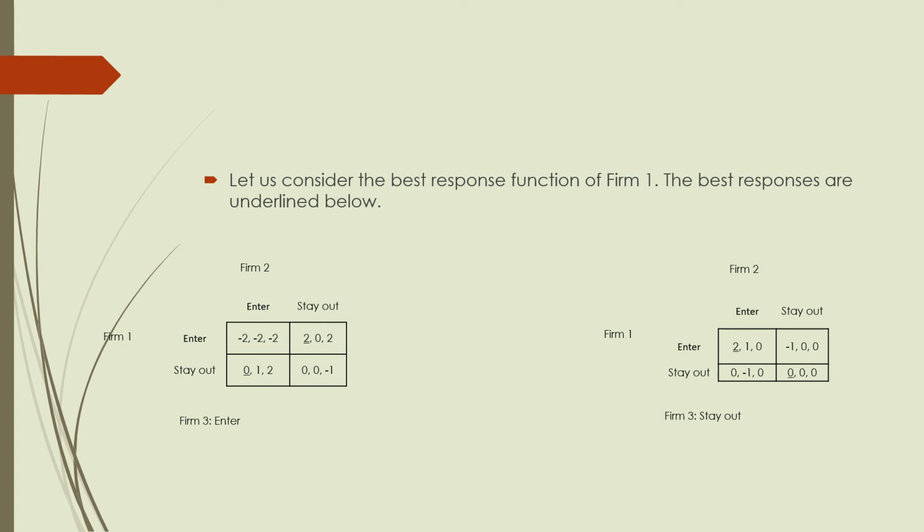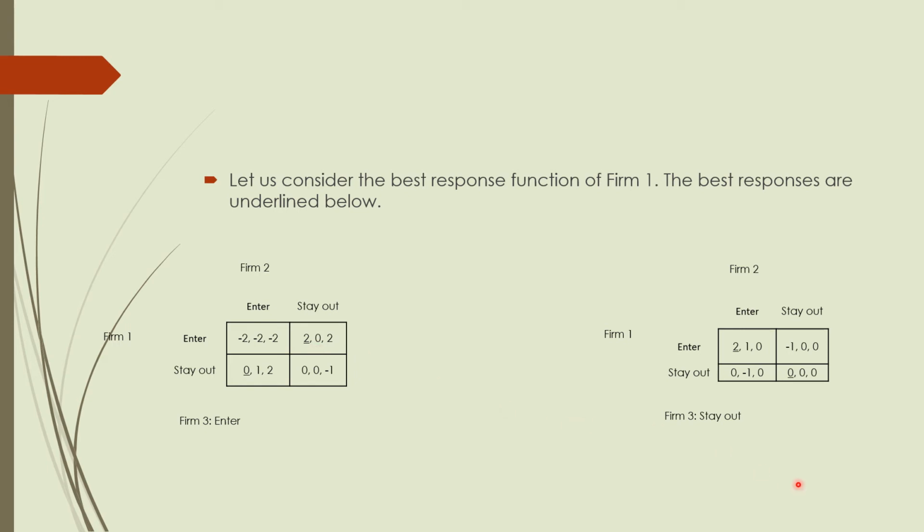Next, suppose form 2 decides to stay out and form 3 decides to enter. Then form 1's choice is to get either 2 or 0. Therefore, form 1 decides to enter because it prefers to have 2.